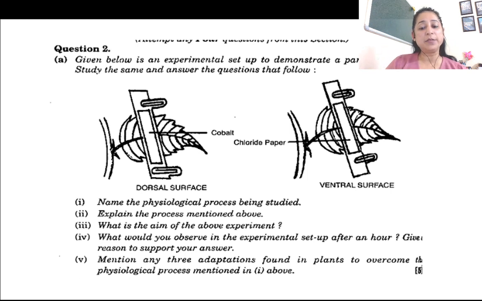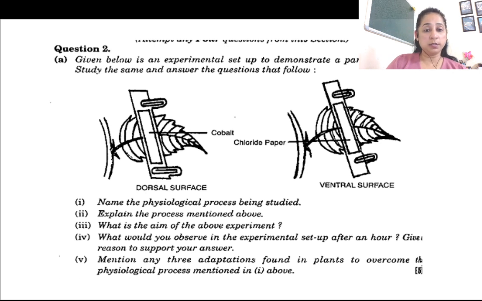So let's see. Name the physiological process studied: transpiration. Explain again the definition of transpiration. Aim of experiment is to study the rate of transpiration taking place from the leaf, or you can say to prove that there are more number of stomata present, या फिर to prove that from which surface of the leaf more transpiration takes place. What do you observe in the experimental setup? Give reason.